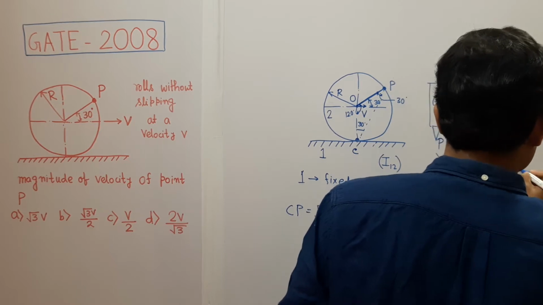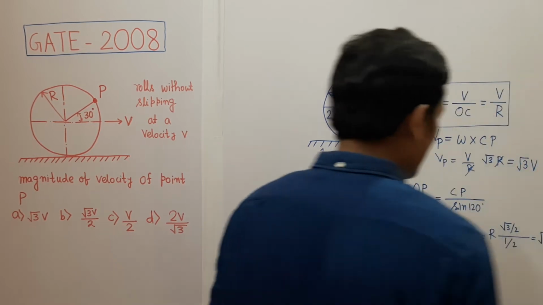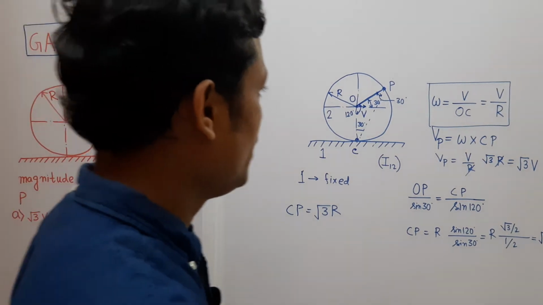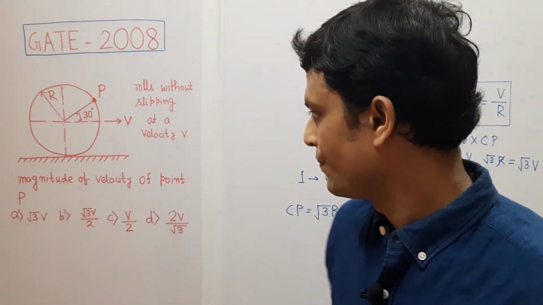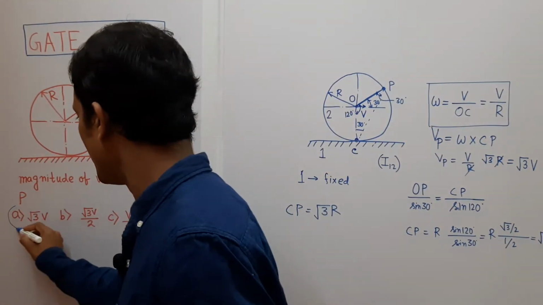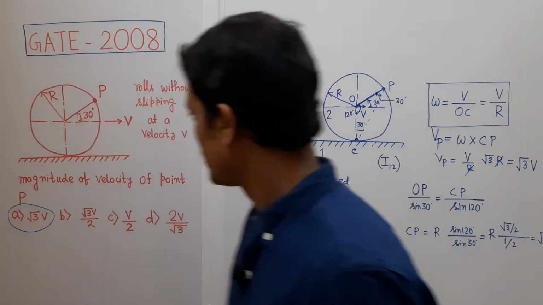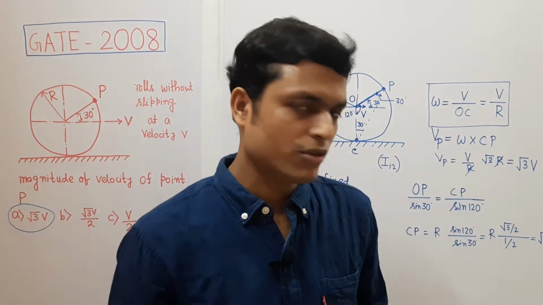So r cancels, giving root 3 v. So the velocity at point P is root 3 v. Option A is correct, and we have solved this problem.